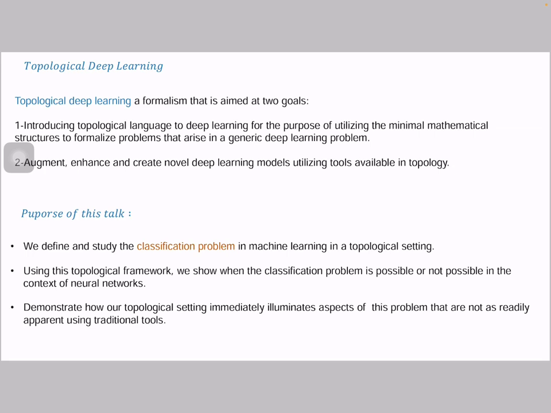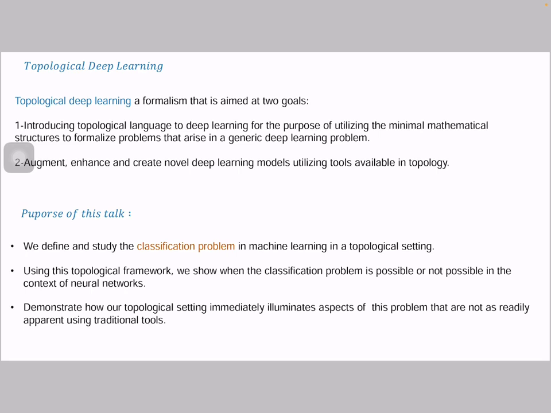The first goal is to introduce topological language to deep learning for the purpose of utilizing the minimal mathematical structure to formalize problems that usually arise in a generic deep learning problem. And the second goal is to augment, enhance, and create deep learning models utilizing tools that are available in topology.